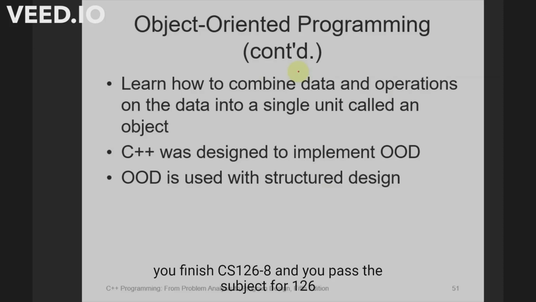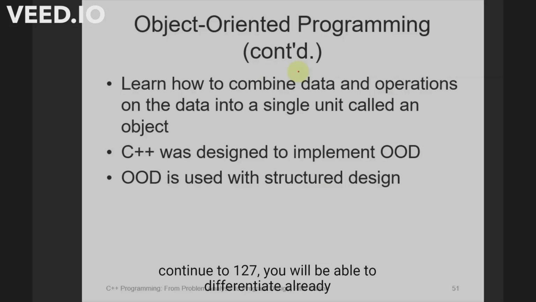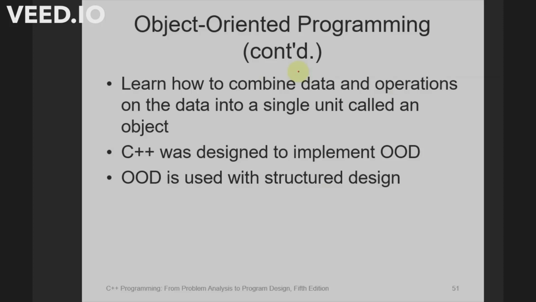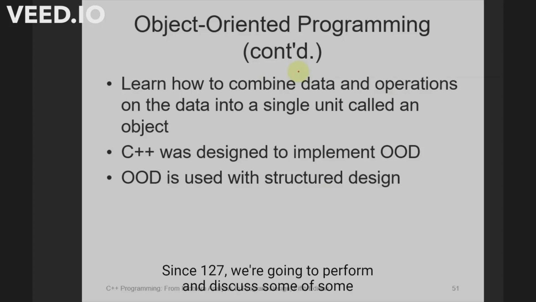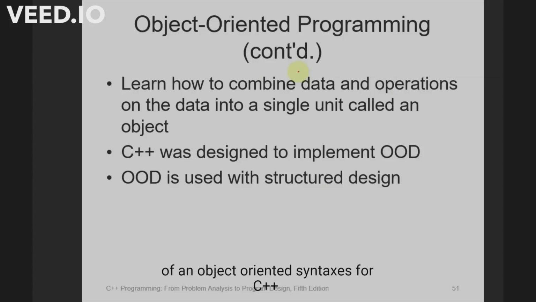Once you finish CS126-8 and you pass the subject, you continue to 127, you will be able to differentiate structured from object-oriented, since in 127 we are going to discuss some object-oriented syntaxes for C++.